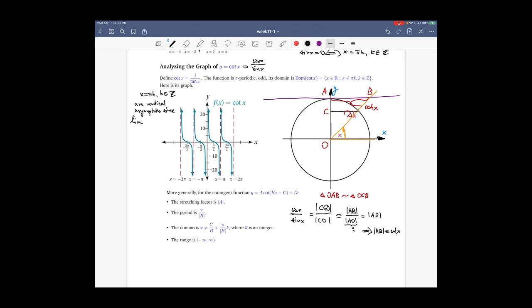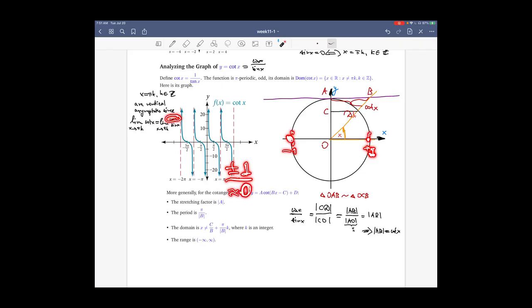We can easily see that when x approaches an integer multiple of pi, the limit of cotangent, being the limit of cosine over sine, is infinity. Why? Because at any such point, cosine is either -1 or +1. Sine at any such point is close to 0, positive or negative.